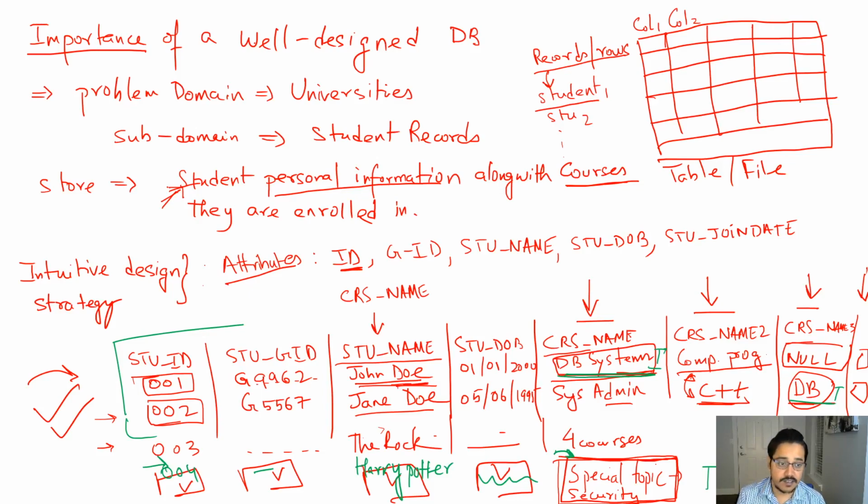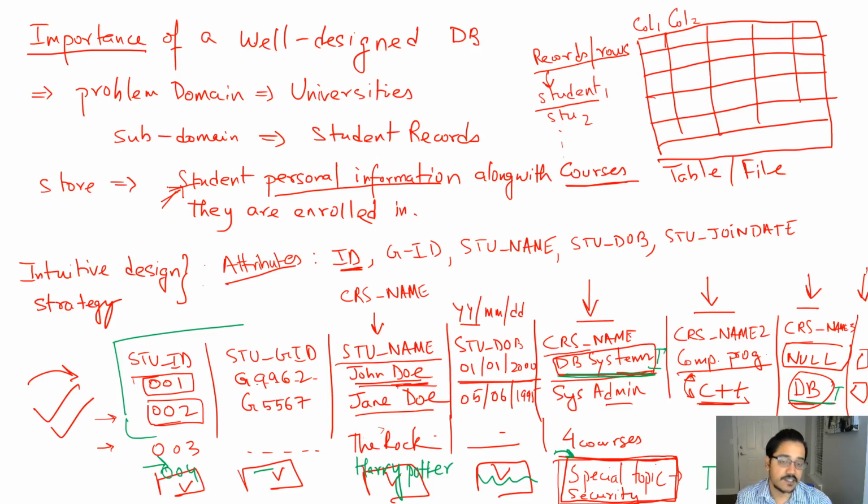And data dependency means that if you have to change, let's say, instead of storing the date of birth in this particular format, you want to change that to year, month, and then date, and instead of 4 digits, you want to make it 2 digits. Now that the format of your data has changed, the nature of your data has changed, you would have to rewrite all the programs responsible for managing the entire file, and not just that particular column, right?